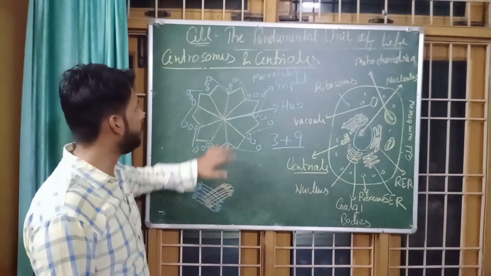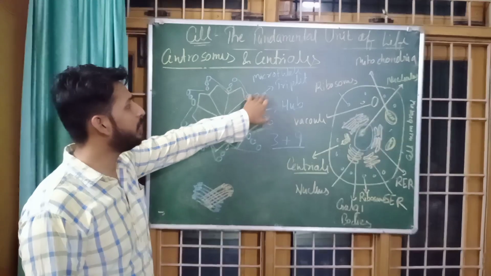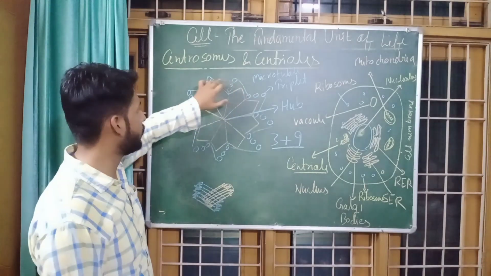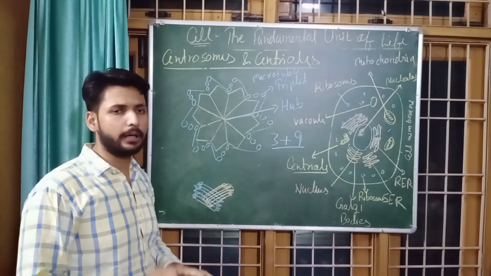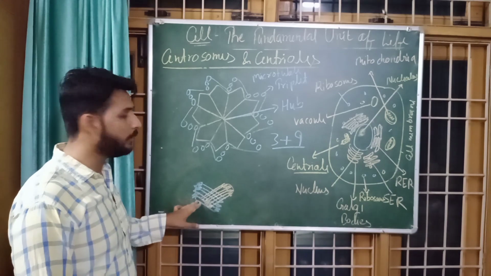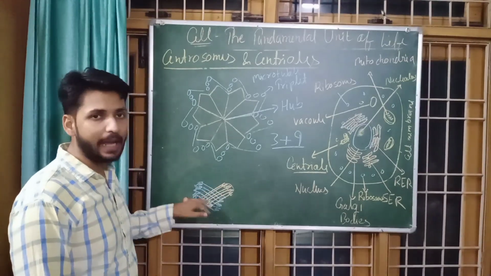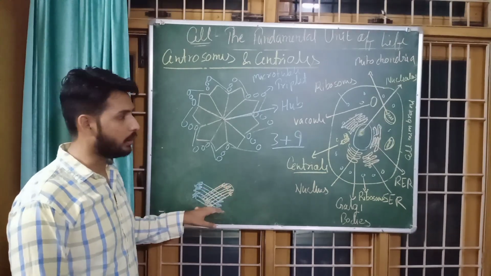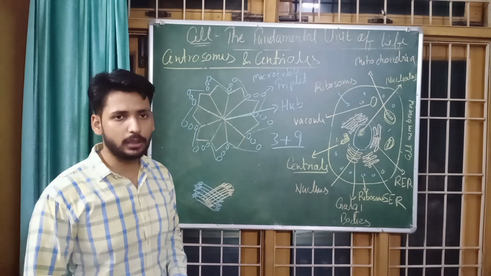It is their shape, and it is the hub, from where these cylindrical microtubule triplet structures are present. If we look at their rough diagram, we can see a pair of centrioles is present here, and they are always present at 90° to each other.